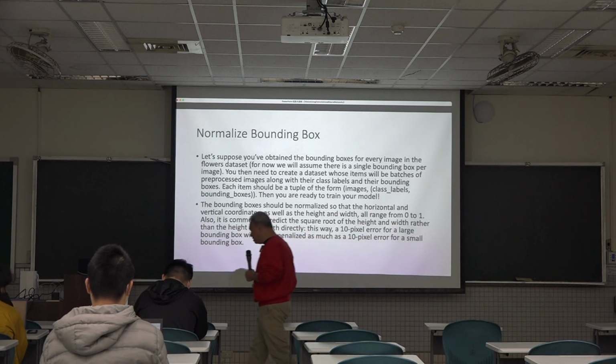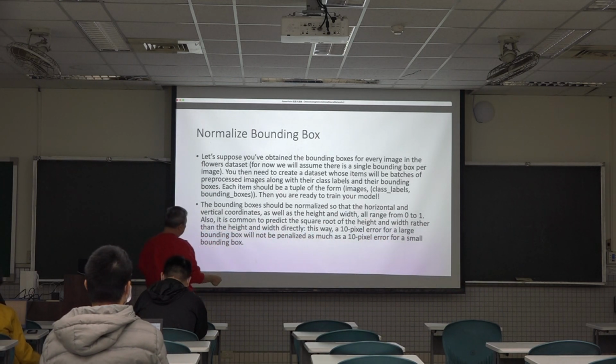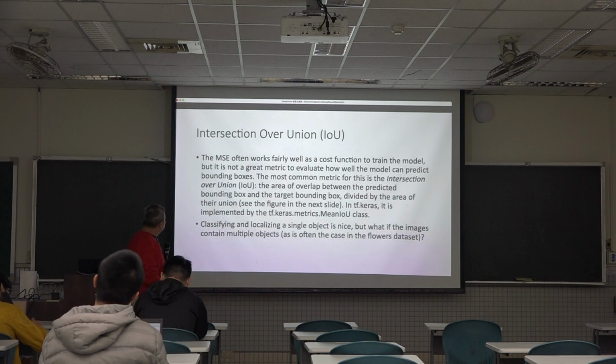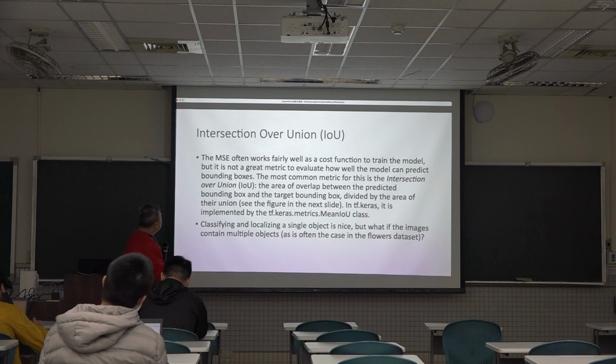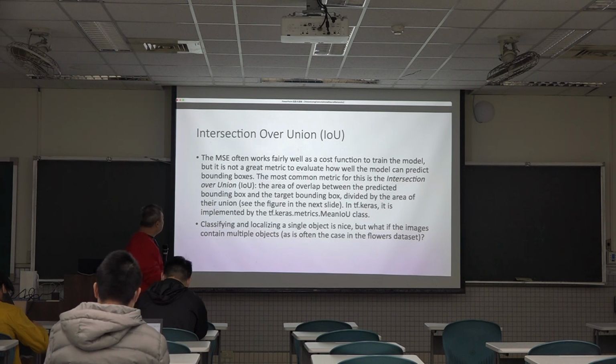So this is the important stuff, just want you to be aware of that. The MSE often works fairly well as a cost function, but it's not a great metric to evaluate how well the model can predict bounding boxes.